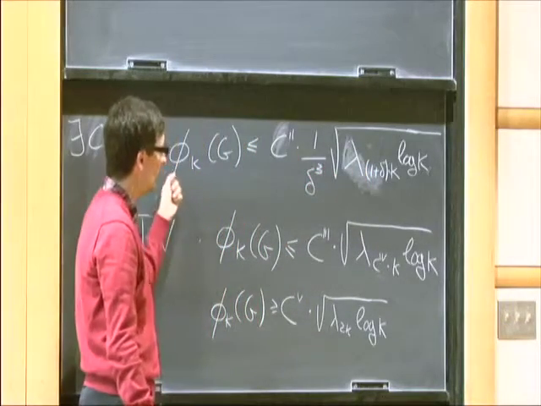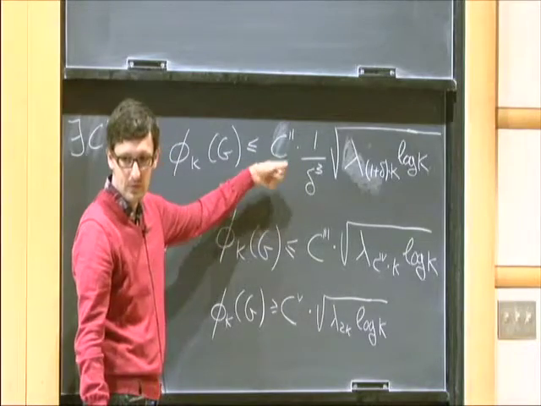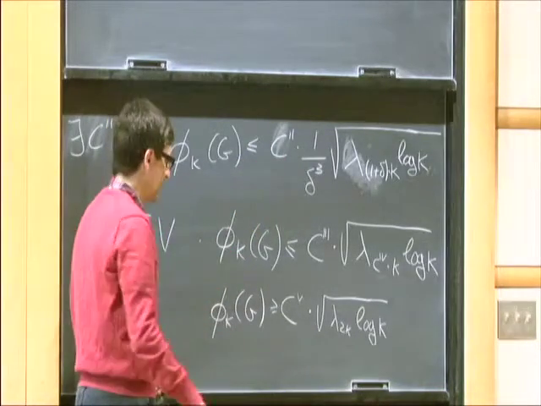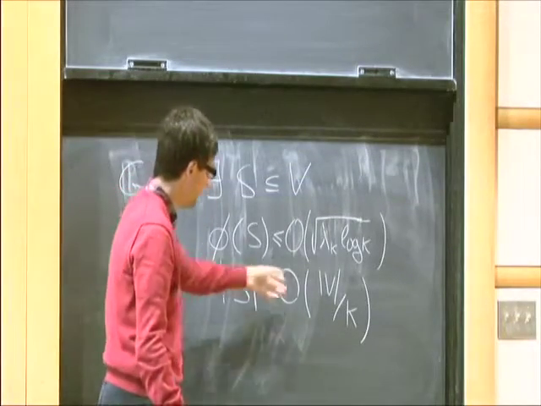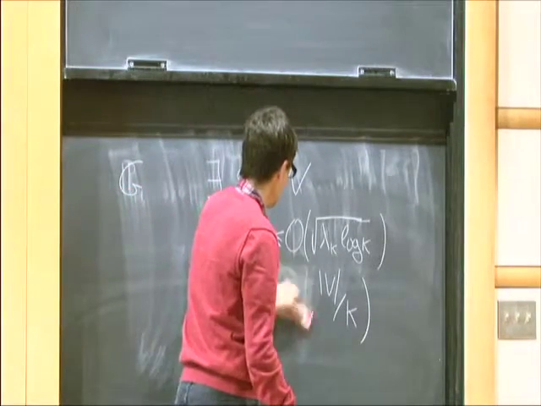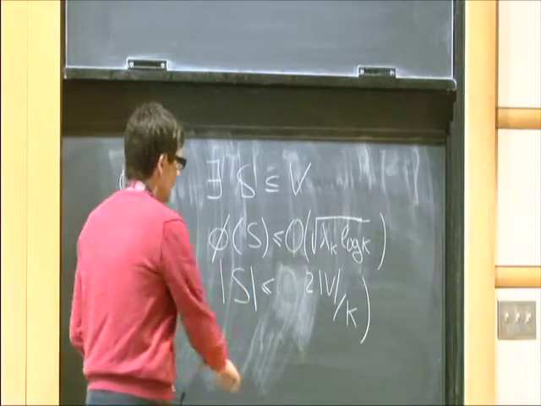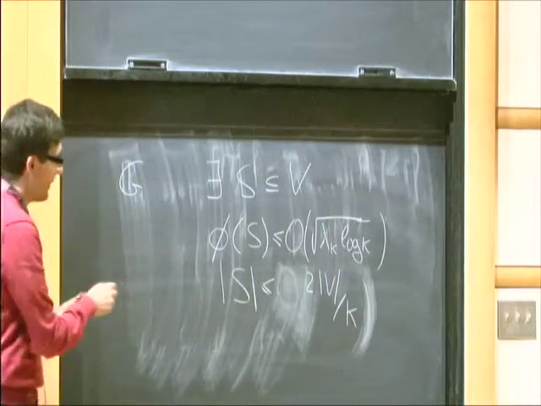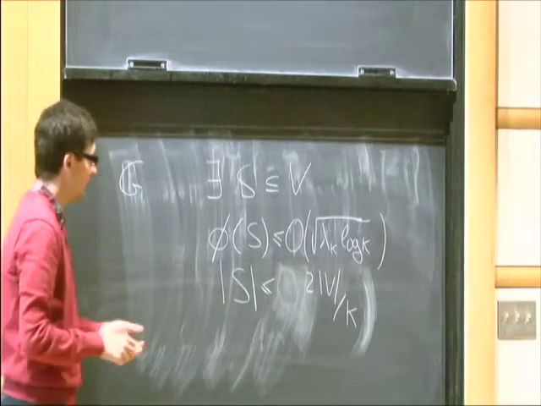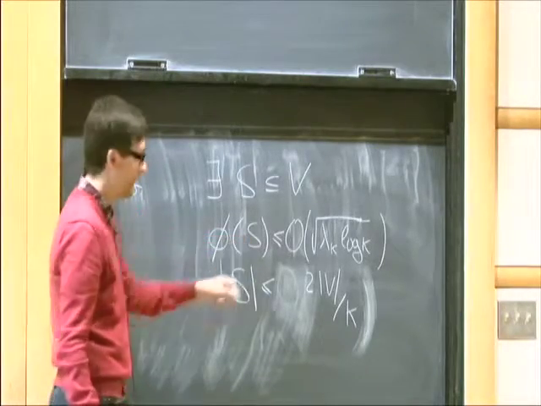It means that you can find k over 2 disjoint subsets, each of them having expansion at most square root of lambda k log k. So this constant, we could make it 2 if we want. So the existence of many small eigenvalues implies that there is a small set that is non-expanding.